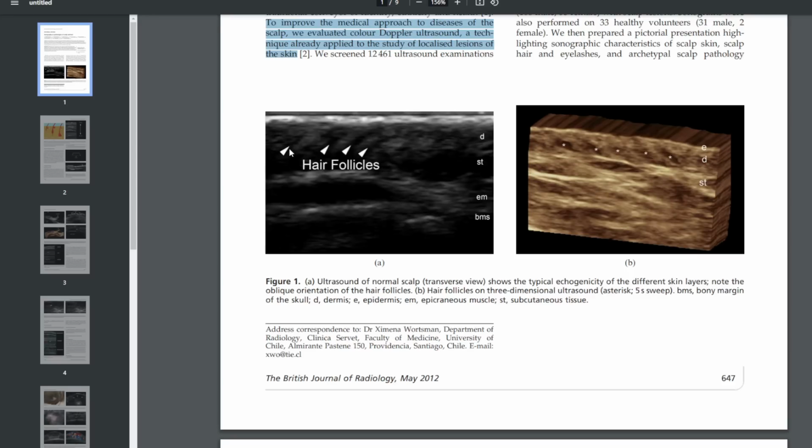If you look at the screen right now, at the white arrows in the study, you can see that these lines, these black voids, are actually hair follicles. So we have one over here, another one over here. I would argue that this is a follicle right over here too. Another one over here, another one over here, and maybe one over here. These are follicles.